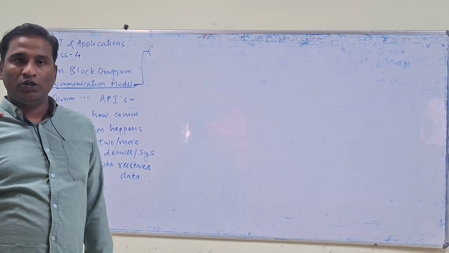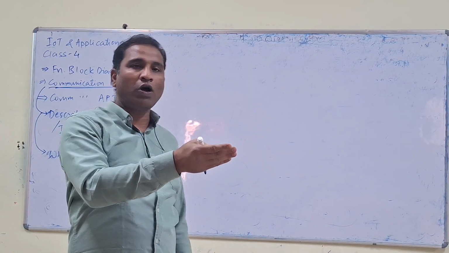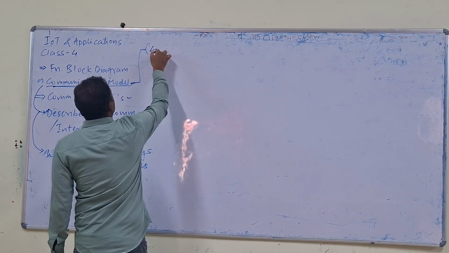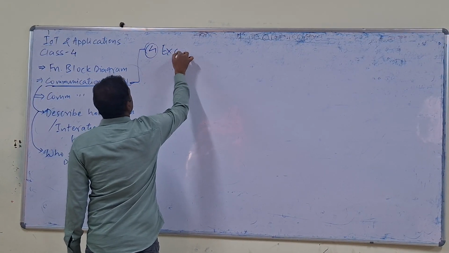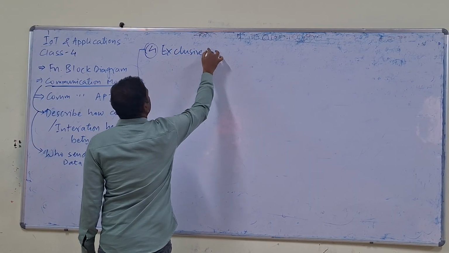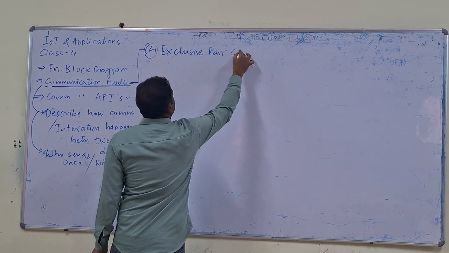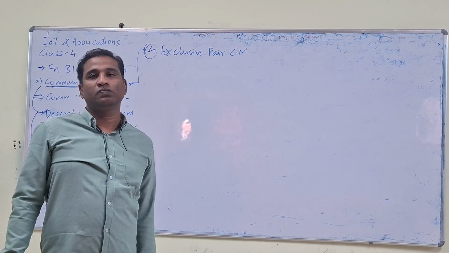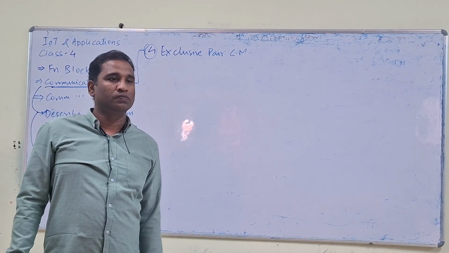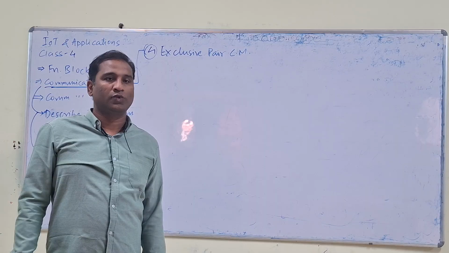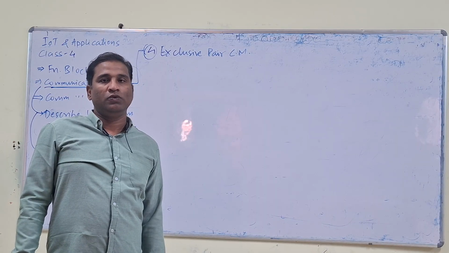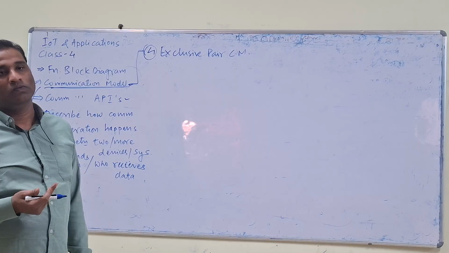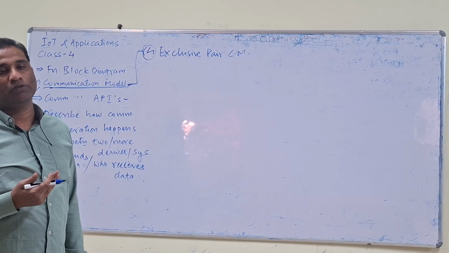Because initially when you pair up with your parents on call, it is an exclusive pair communication model. If it is urgent, you stop sending message or email, and you go for the exclusive pair communication model.